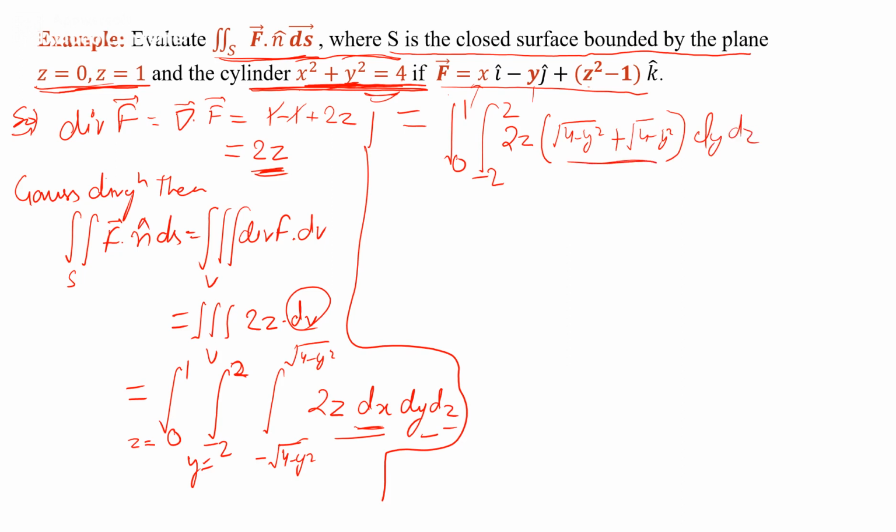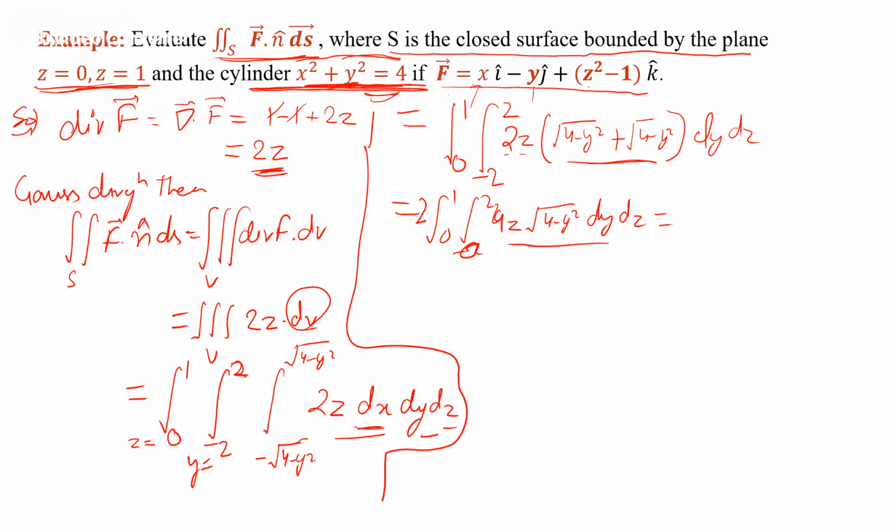So this becomes 2 times, so we write 4z root of 4 minus y square, integrated from 0 to 1 and minus 2 to 2. Now take the integration with respect to y. You can also put the limit 0 to 2 and write a factor of 2 by the property of integrals.